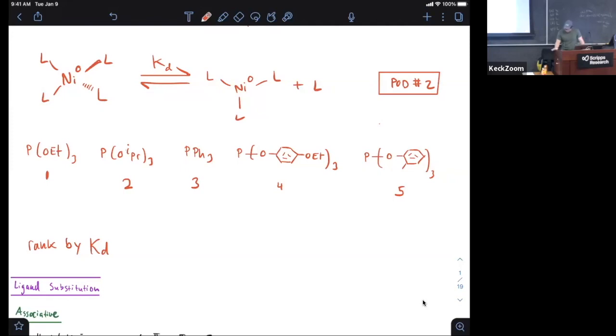So 4 of them are phosphites. That's the first thing to notice, and then 1 is a phosphine. And then we can think through their different steric and electronic properties and make an assessment about how this is going to affect their propensity to adopt the 3-coordinate form versus the 4-coordinate form. So take a minute to think about that.